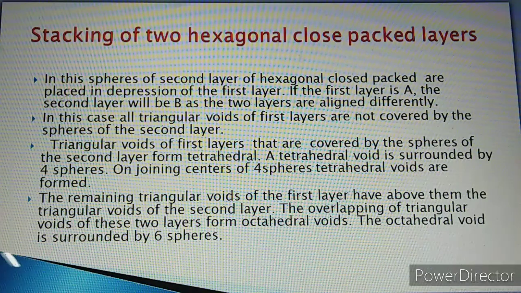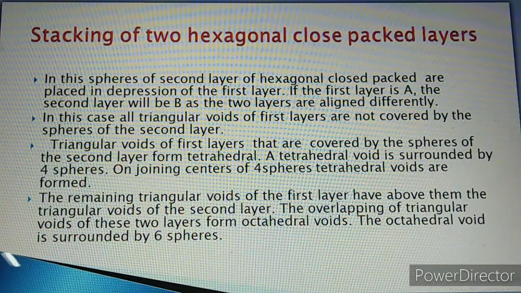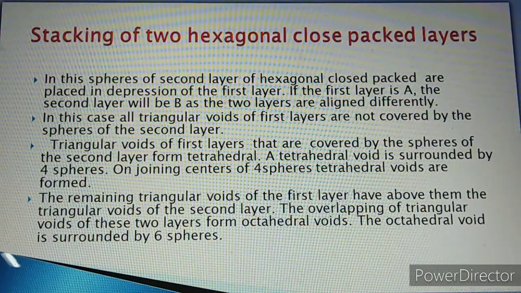By overlapping the triangular voids of the first layer and the second layer. And this octahedral void is surrounded by 6 spheres. So when 4 spheres are involved, there is the formation of a tetrahedral void. When 6 spheres are involved by overlapping of triangular voids, then there is the formation of an octahedral void.